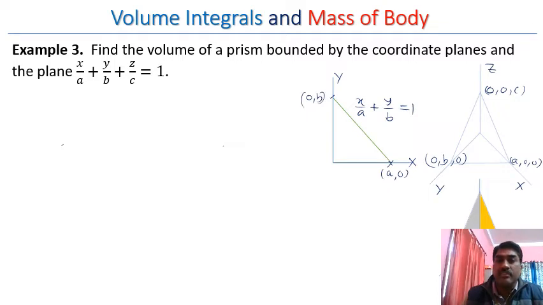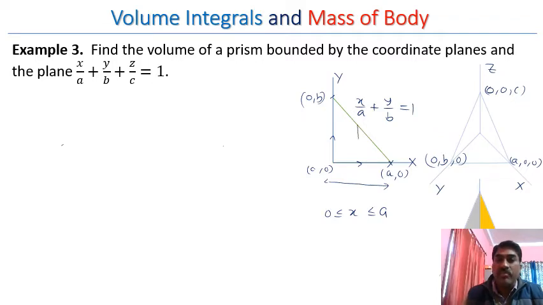This is the x-axis, this is the y-axis, and this is the origin, which in 3D is 0, 0, 0. So the value of x varies from 0 to a. The very first thing you should find is that 0 is less than or equal to x, less than or equal to a. This is the limit of x.